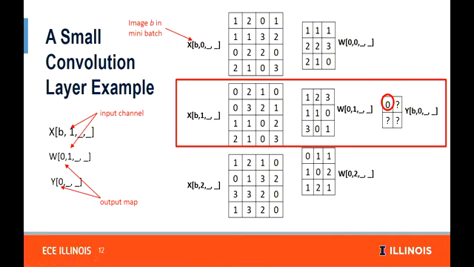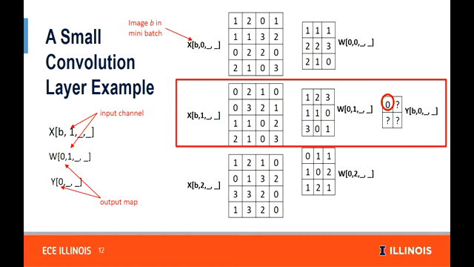And then the next index is the channel. This corresponds to the multiple input feature maps that were generated from the previous layers, and these are the production of more and more feature maps as we go down the neural net.